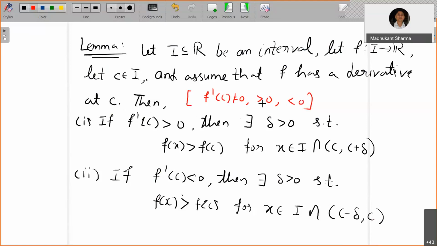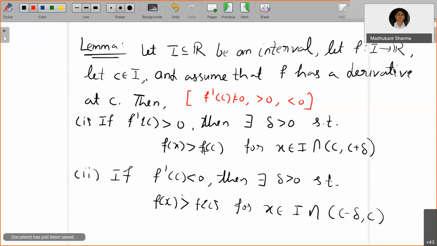Now if it is greater than 0, then you will always be able to identify a neighborhood of c, or an interval, such that f of x is greater than f of c. What is the meaning of this?